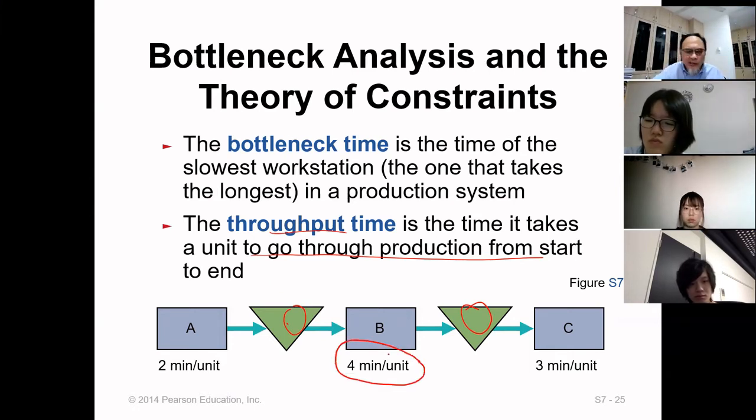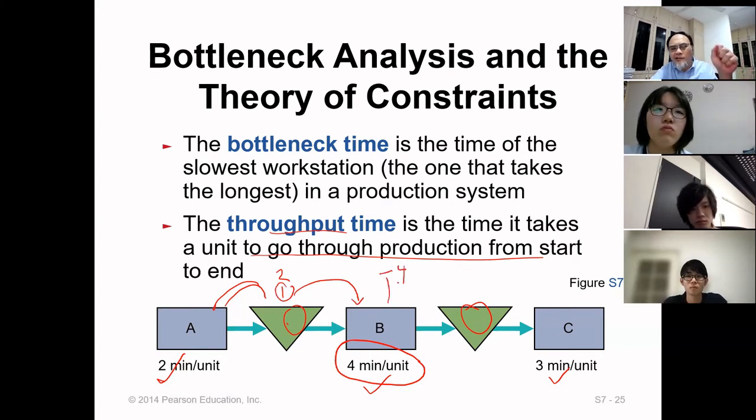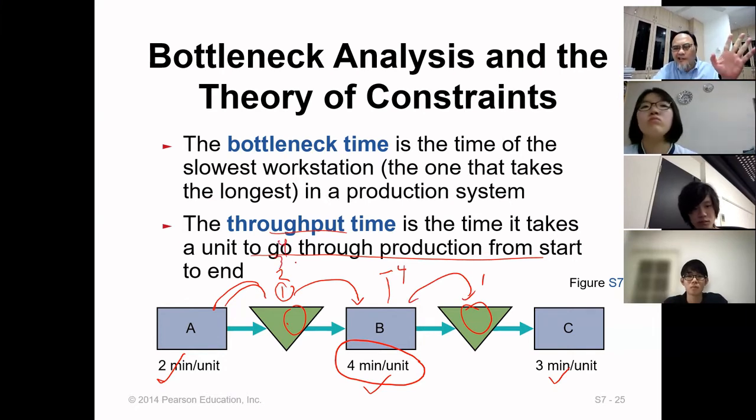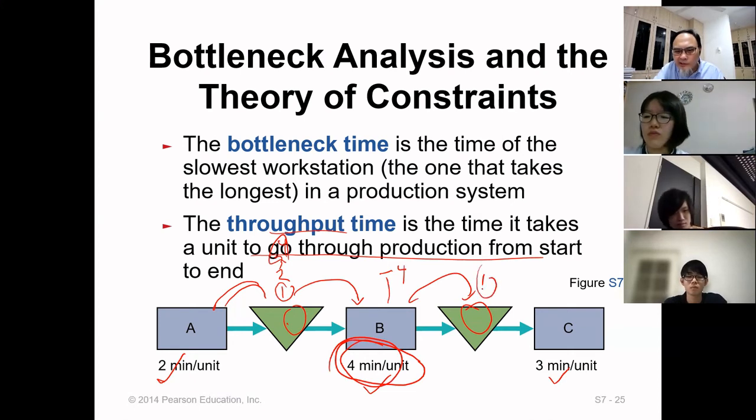Immediately we can see why. This step is 2 minutes, this is 4 minutes, and this is 3 minutes. Why is it the bottleneck? Every 2 minutes I produce one, but the second step takes 4 minutes to complete one. After 2 minutes it takes the next, and there are already 3, 4 waiting.